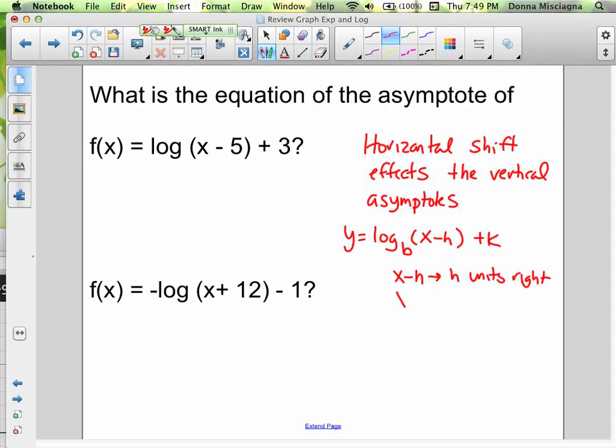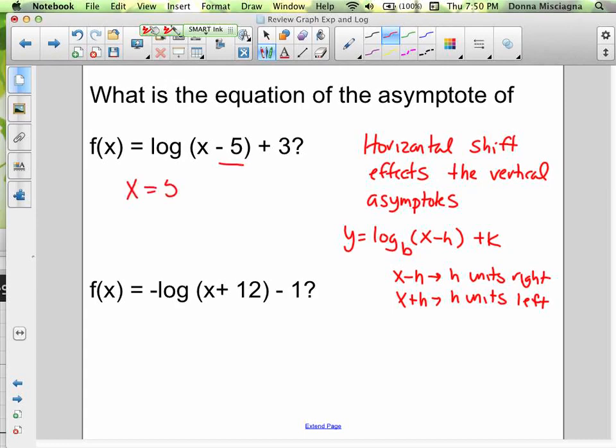If we have x plus h, that's h units left. And while the k is not going to affect our vertical asymptote, it's just going to move the graph up and down. Vertical shift affects exponential.